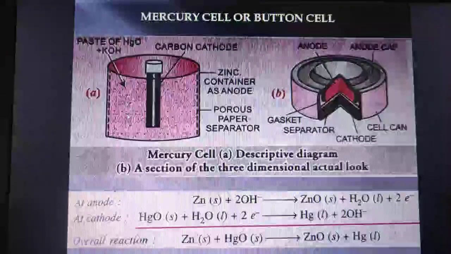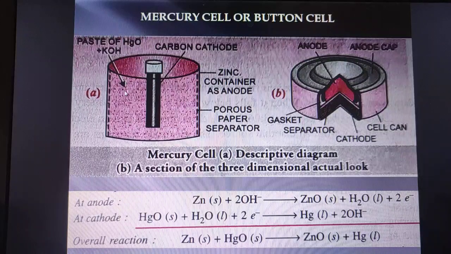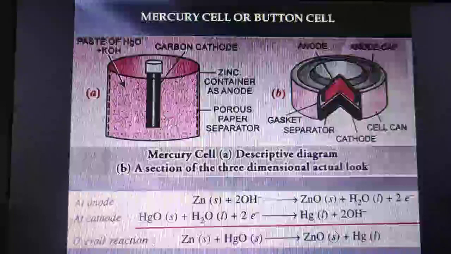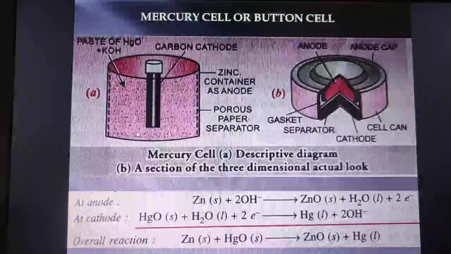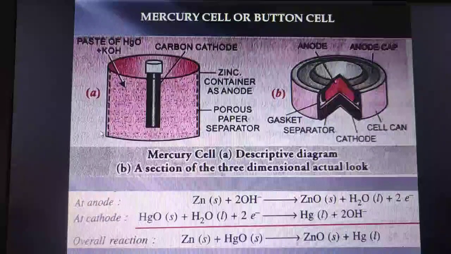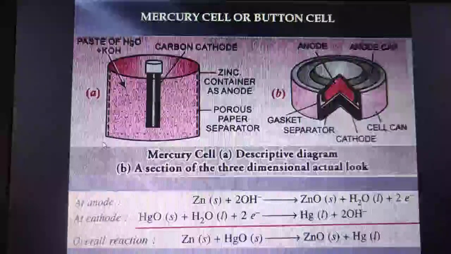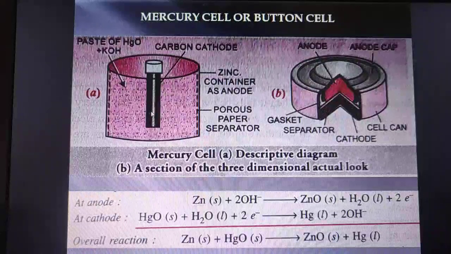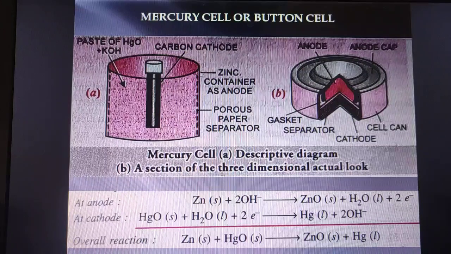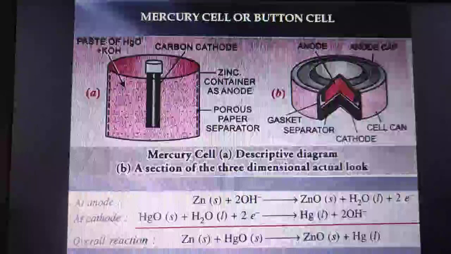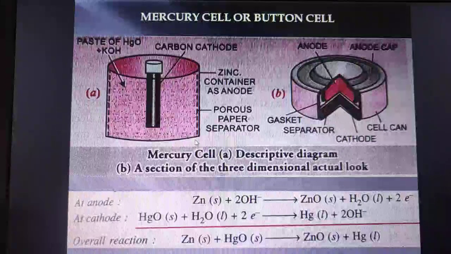Mercury oxide with KOH is filled inside the container, which acts as the electrolyte. The lining of porous paper keeps the electrolyte separated from the zinc anode. So, direct contact between the zinc anode and the electrolyte is prevented by this porous paper.